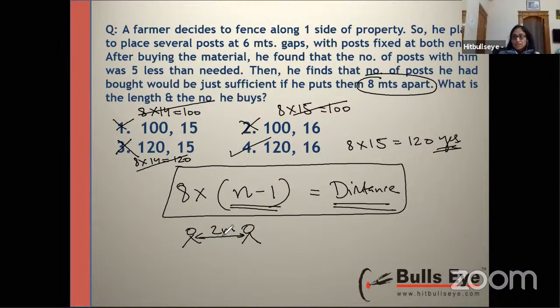I only need 2 meters space. That's a very, very common mistake people do. Now with 3 kids, I will be needing only 4 meters. It's not getting multiplied with 3. It's getting multiplied with 2. With 4 kids, it will now become 2 multiplied with 3. So this is very important. Any doubts?